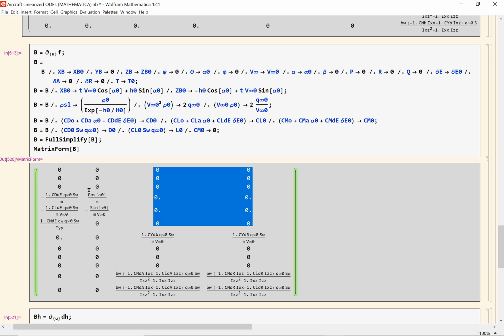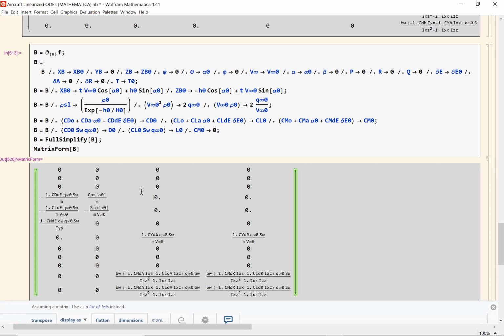So it means that we can also decouple the effect of the control. So in other words, the elevator and the thrust are only going to influence the longitudinal dynamics, so the motion in the xz plane, whereas the commands in the aileron and in the rudder will influence the lateral dynamics of the airplane.